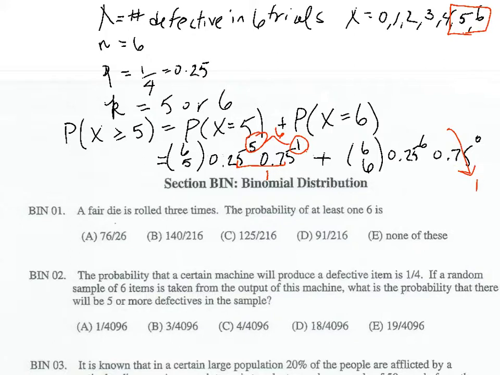Anything to the power 0 is 1. 6 choose 6 is always 1. And 6 choose 5 is always 6. So all we have to multiply is stated here when you punch all of this in.